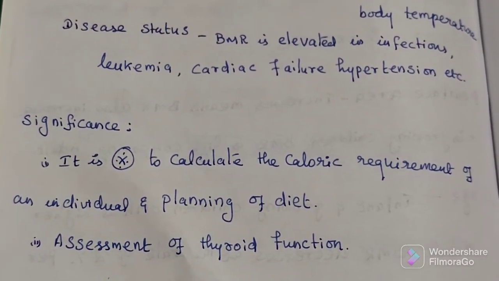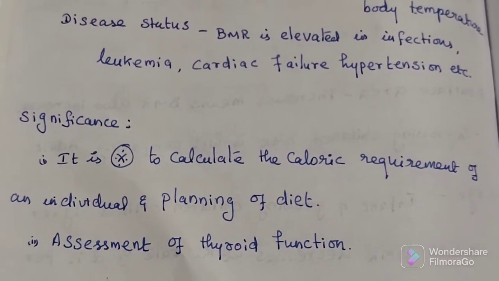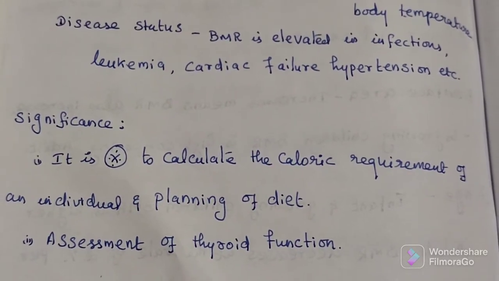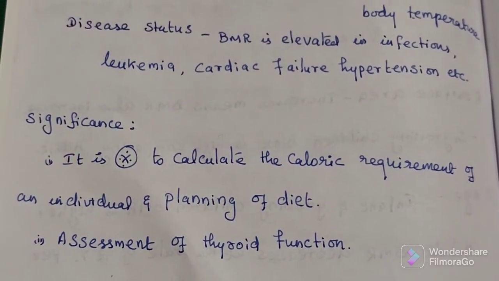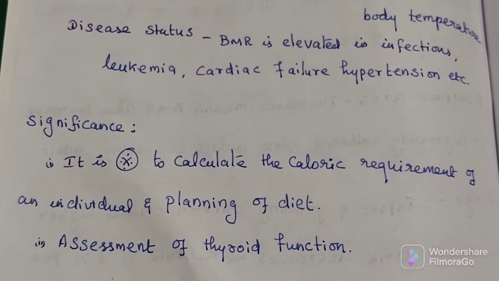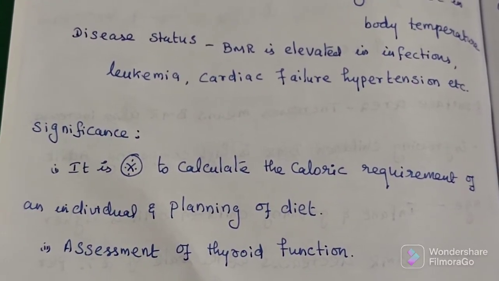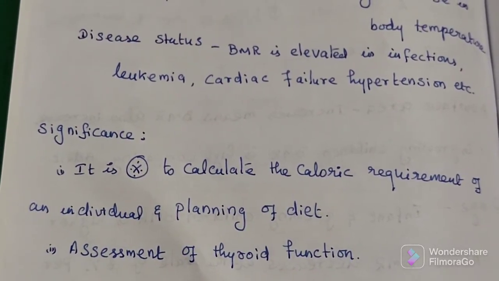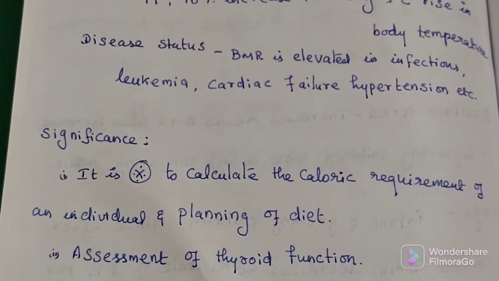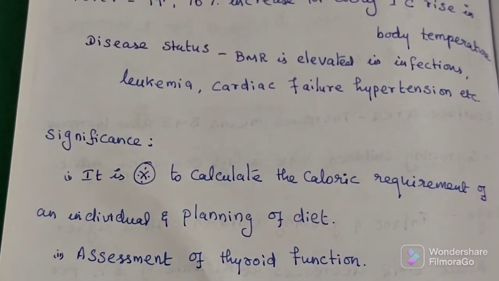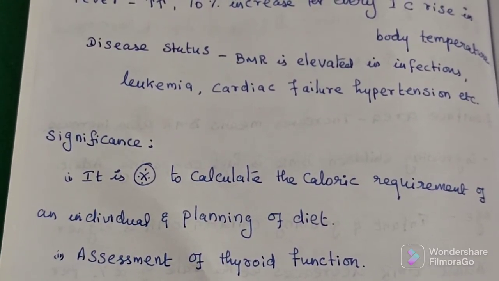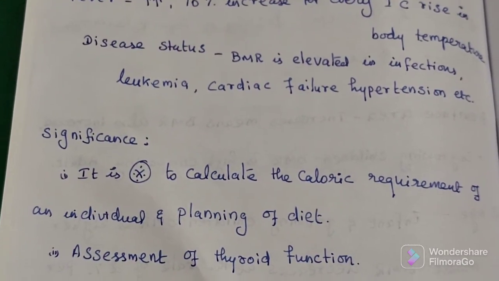Second one is assessment of thyroid function. BMR is below normal in starvation, undernutrition and Addison's disease. BMR is above normal in fever, diabetes, leukemia.